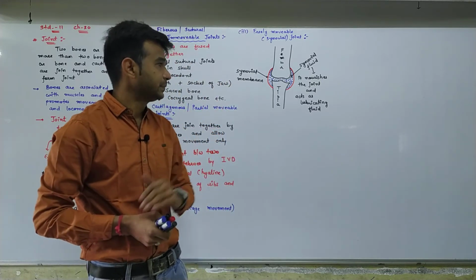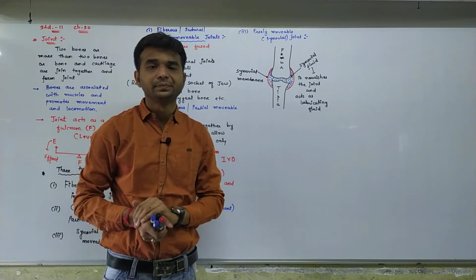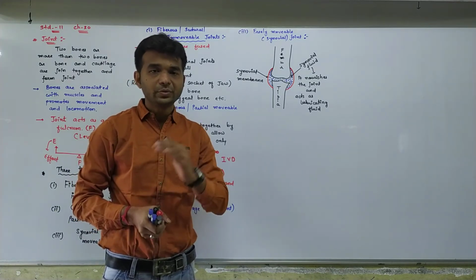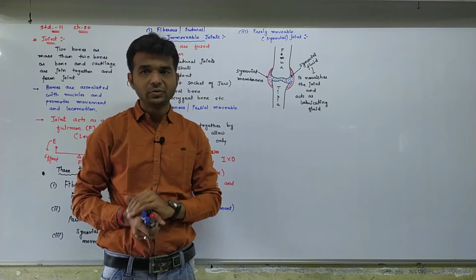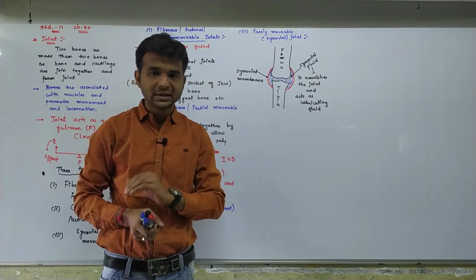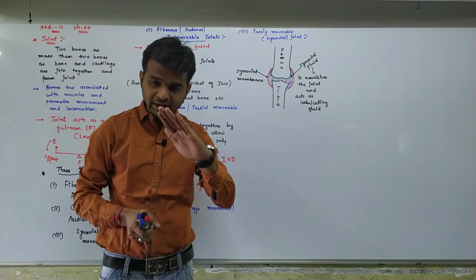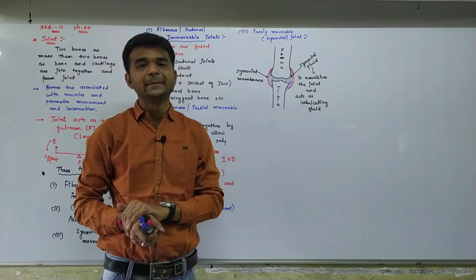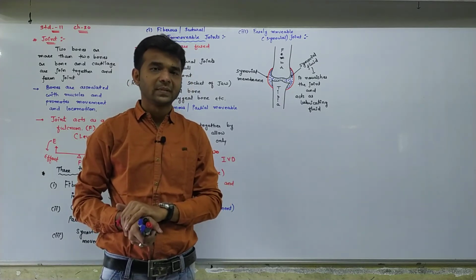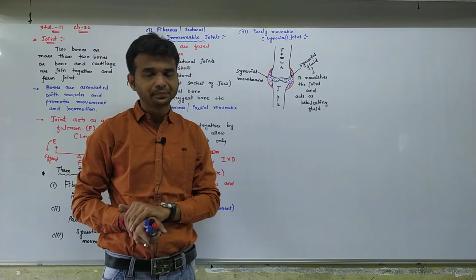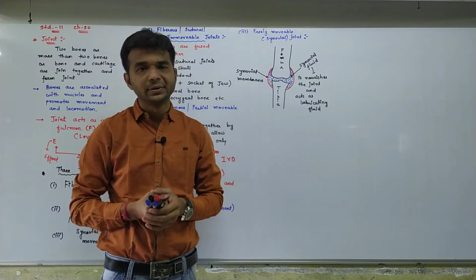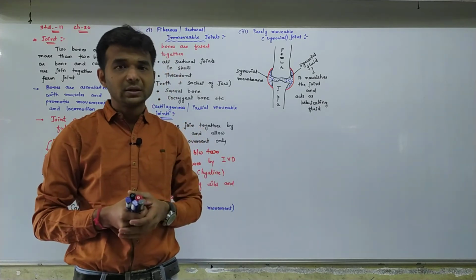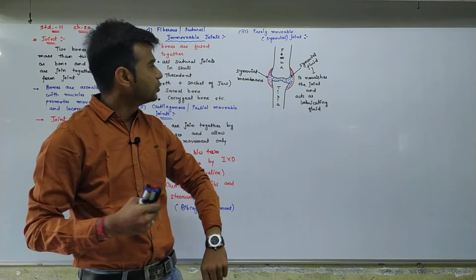But in aged persons, due to aging, changes occur in the body and gradually the synovial fluid production decreases. As a result, the two bones rub together, and at that time we feel the friction between the two bones.